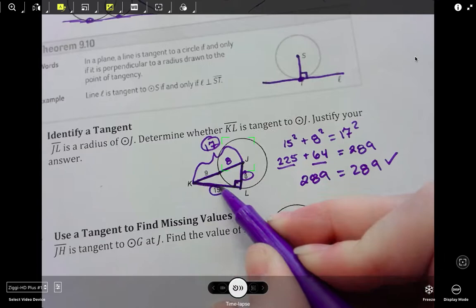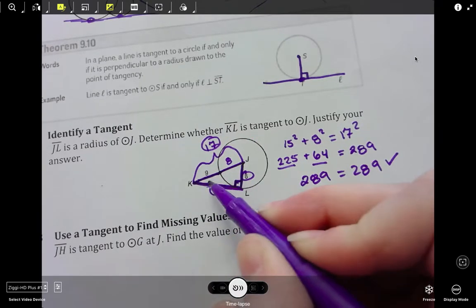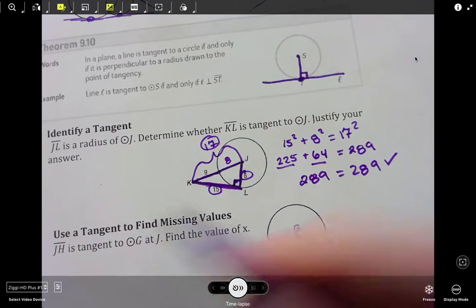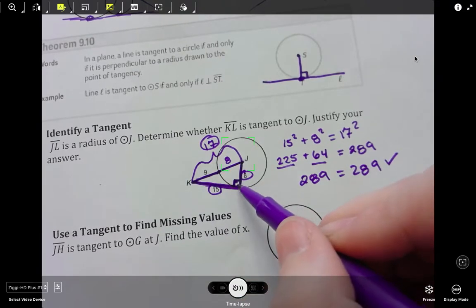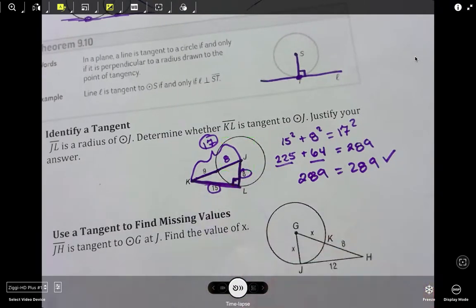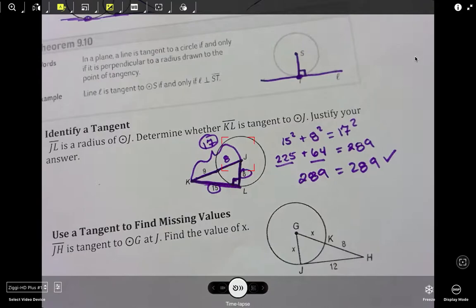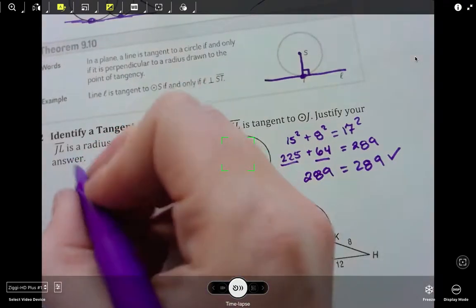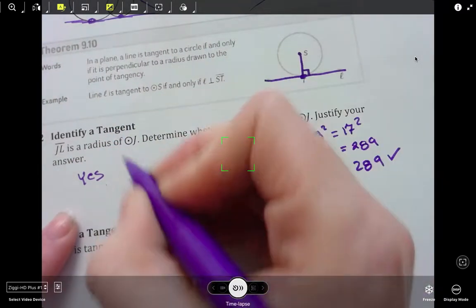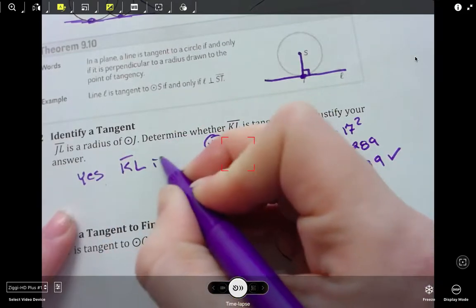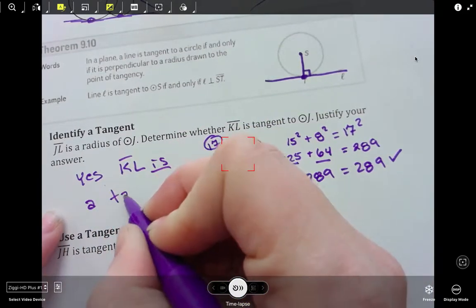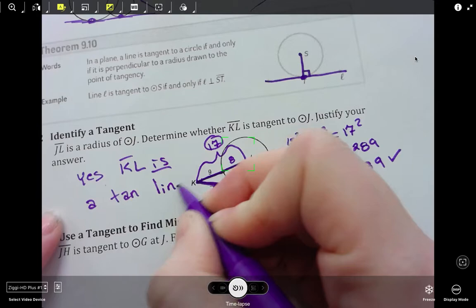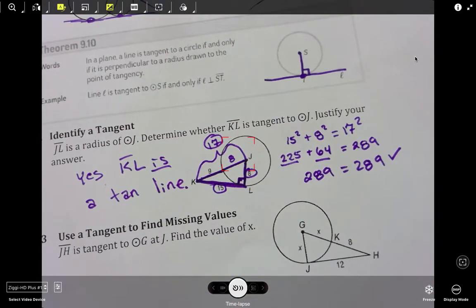And that means this line has to be tangent, because if it makes a 90-degree angle, this line has to be tangent to the circle, right? So yes, KL is a tangent line.